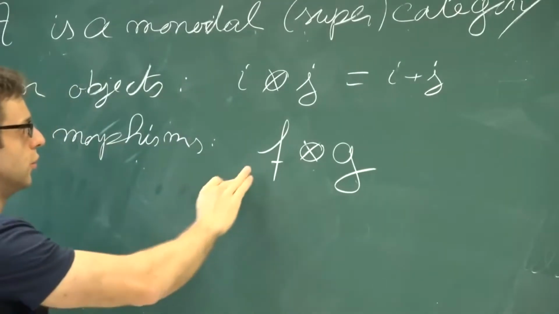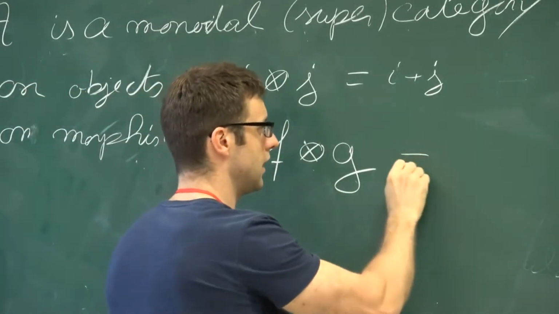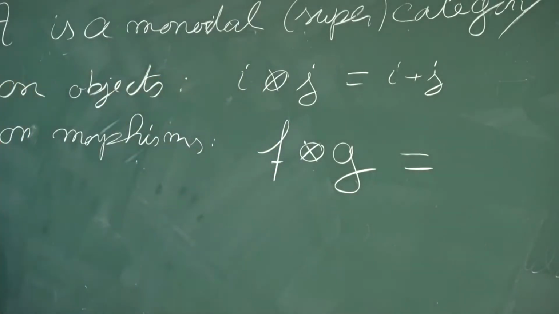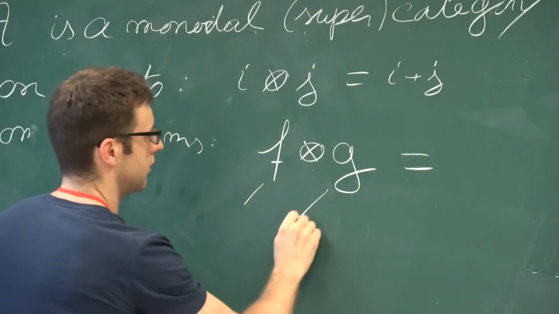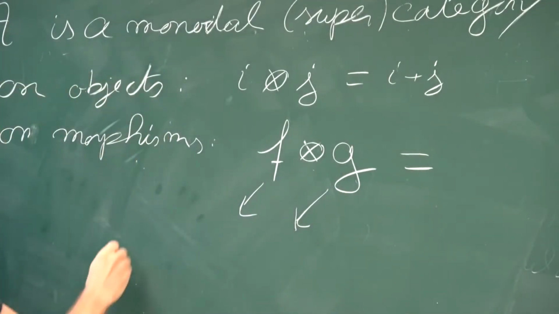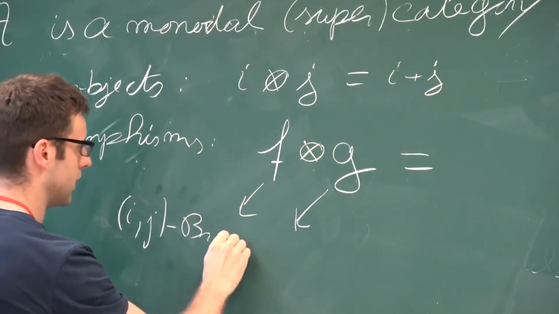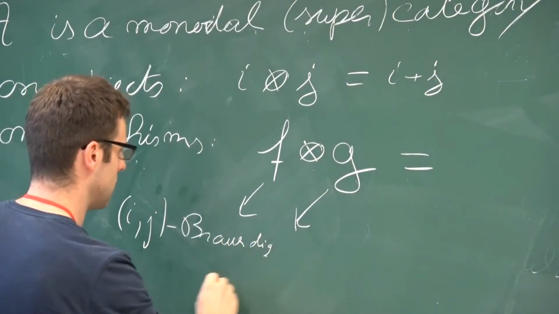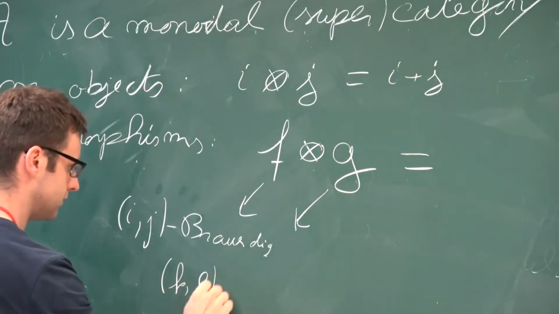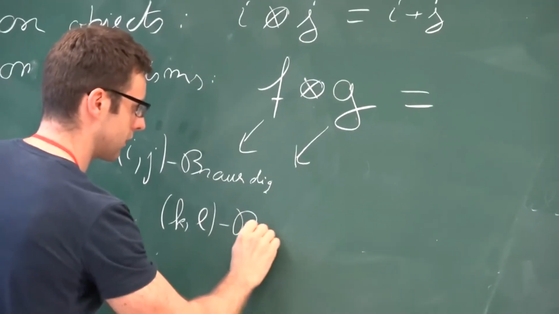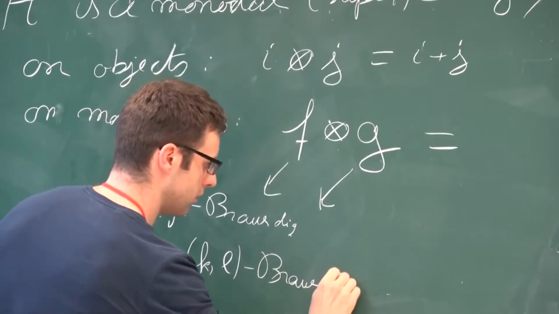So if you have two morphisms, or which are diagrams, so let's maybe better to make it precise. So let's take an IJ Brauer diagram and a KL Brauer diagram.